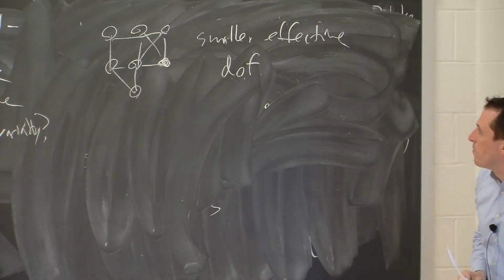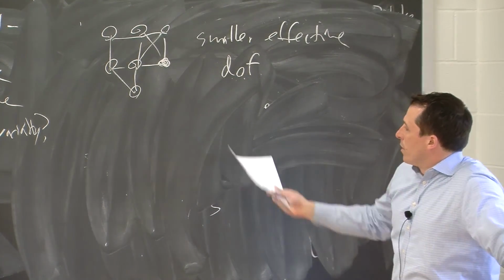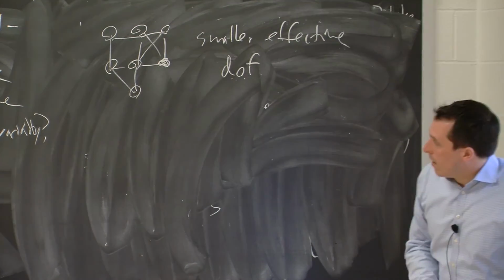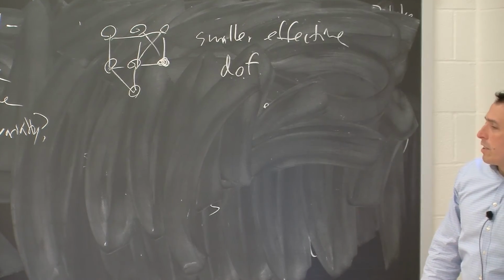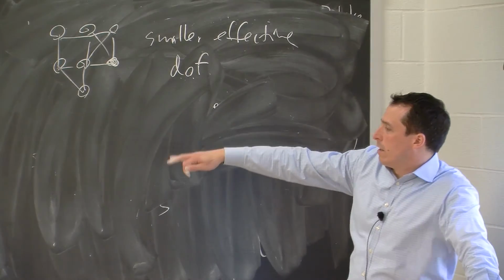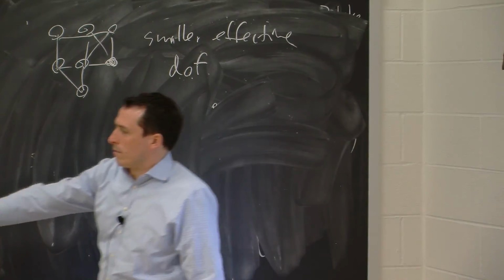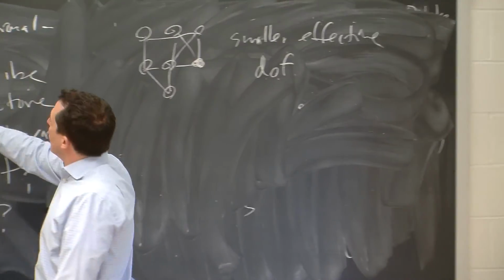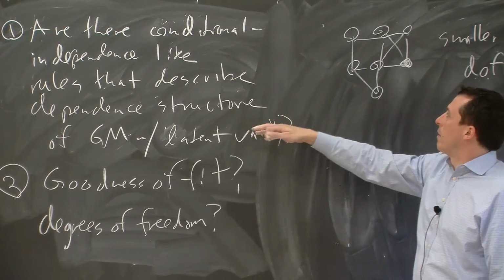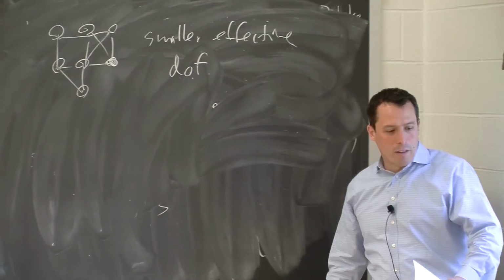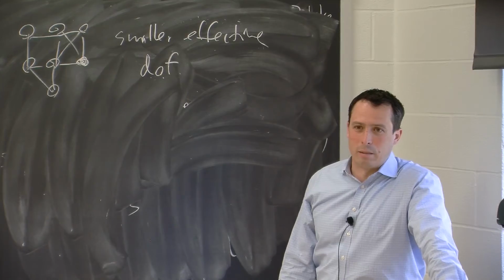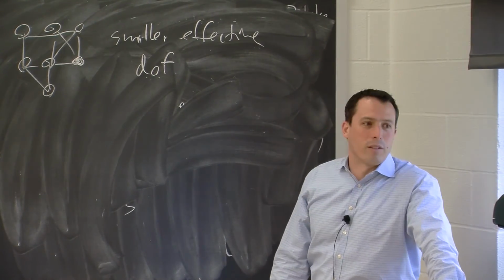So in order to understand something like that, we'd have to figure out what the degrees of freedom are. The kind of situation here is that the answers to these sorts of questions, how many degrees of freedom does a deep belief network have, or are there conditional independence rules that somehow describe the structure with latent variables, is that in principle we can answer those questions, but in practice they're usually too difficult.